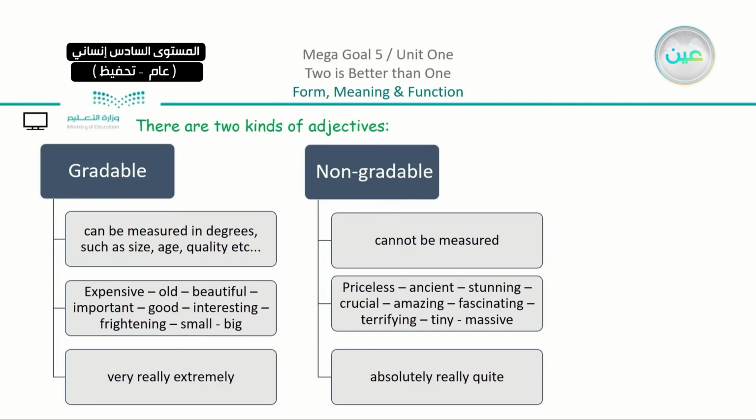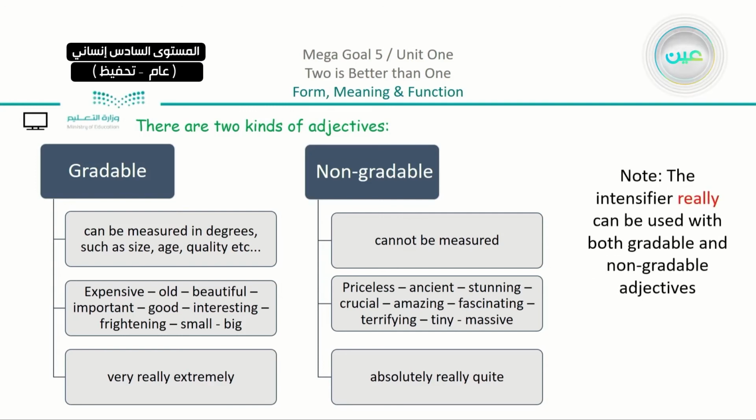Just to note in the beginning, the intensifier really can be used with both gradable and non-gradable adjectives. But we have different ones here: absolutely and quite. So we can say absolutely ancient, or for example, absolutely fascinating, but we cannot say absolutely interesting.